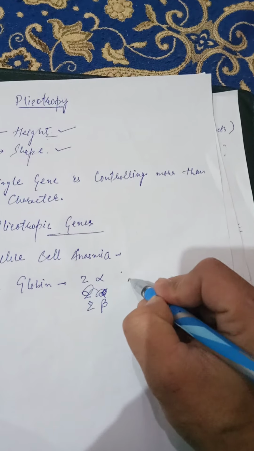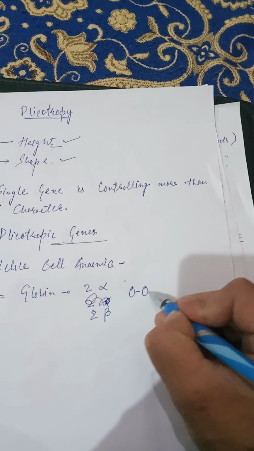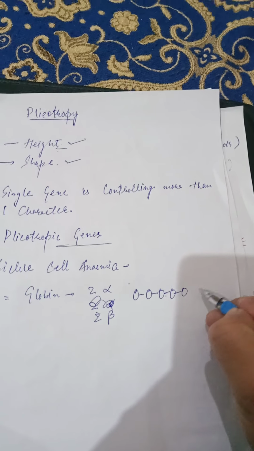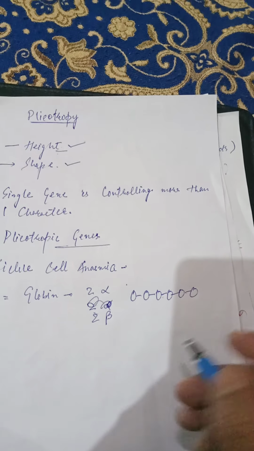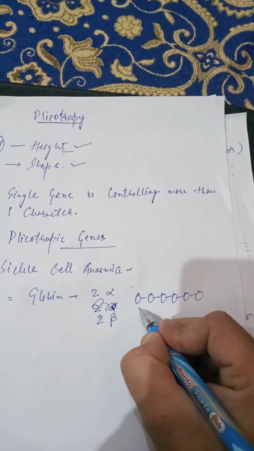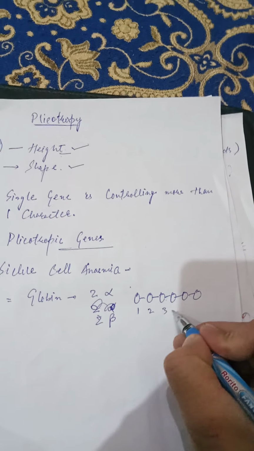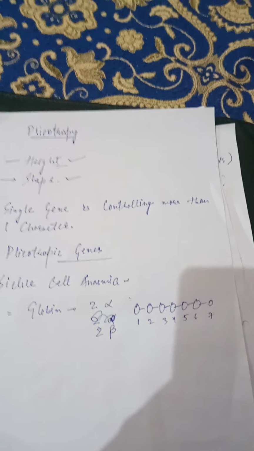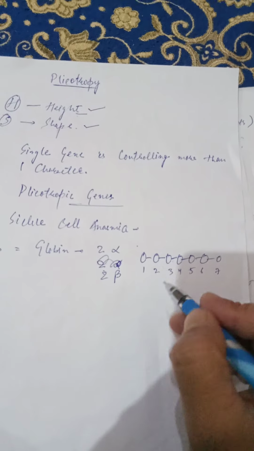First try to understand these polypeptide chains. What is a polypeptide chain? A long chain of amino acids. Let us say 1, 2, 3, 4, 5, 6, 7, right?